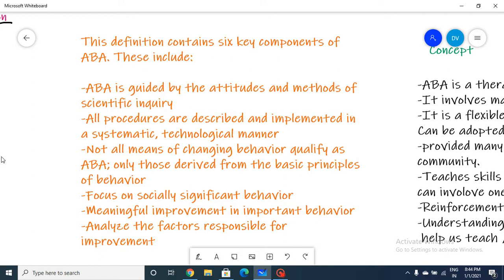So, analyze the factors responsible for improvement. To improve a behavior, we need to understand what factors are needed to improve it. For example, walking. What do we need for walking? First, we need to stabilize. We need to stand on our feet. Then we need to balance our body. Next, we need to be able to walk step by step. First, it will be mostly one to two steps.